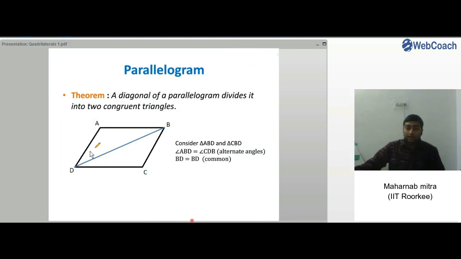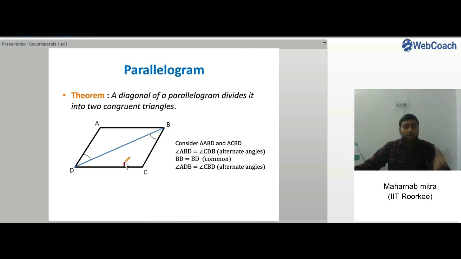Also, the side BD of the two triangles is equal because it is common to both. Angle ADB and angle CBD, this one, what are they?